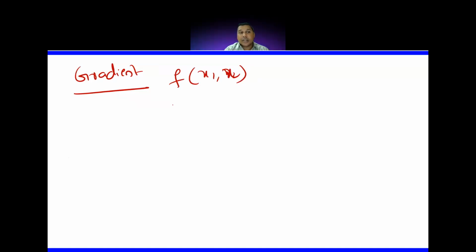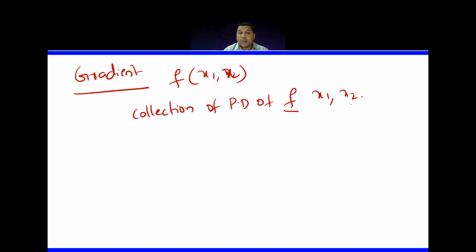The gradient is nothing but a collection of partial derivatives of function f with respect to x1 and x2, represented in vector form.